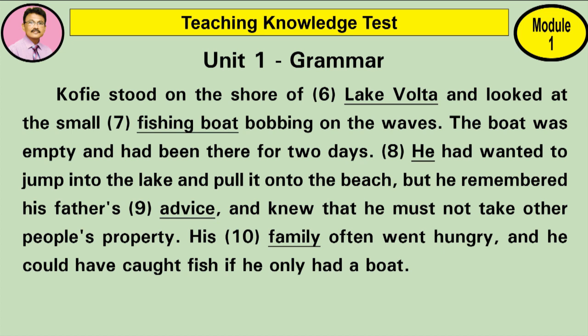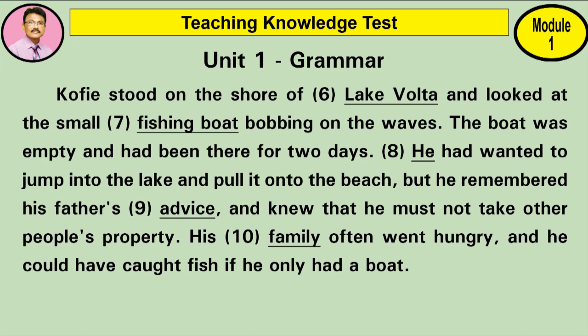He had wanted to jump into the lake and pull it onto the beach, but he remembered his father's advice and knew that he must not take other people's property. His family often went hungry, and he could have caught fish if he only had a boat.